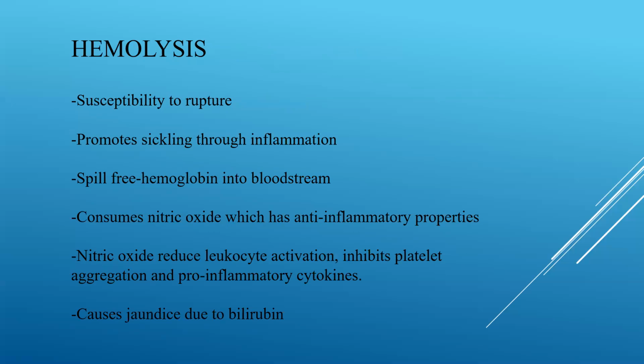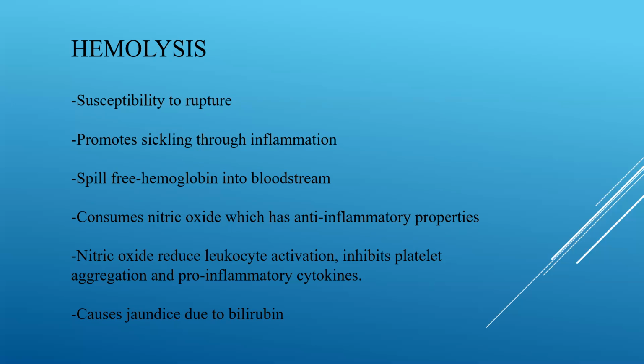Hemolysis: because of the structural deformity, the cell is susceptible to rupture. Usually a healthy red blood cell lasts 120 days, and a red blood cell with sickle cell only lasts 7 to 14 days. Hemolysis promotes sickling through inflammation.